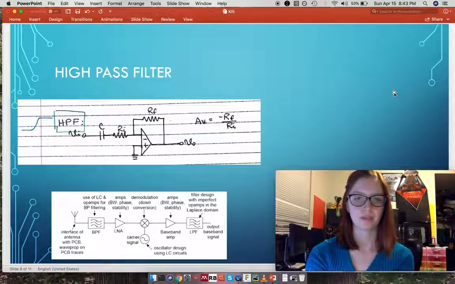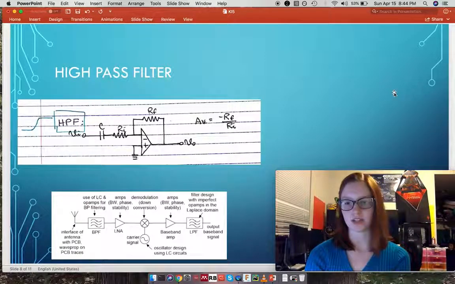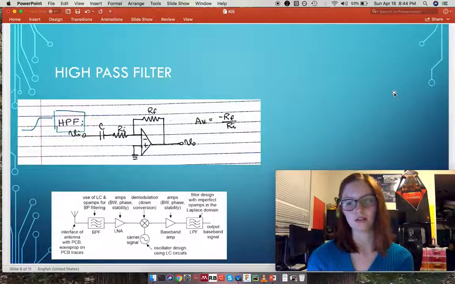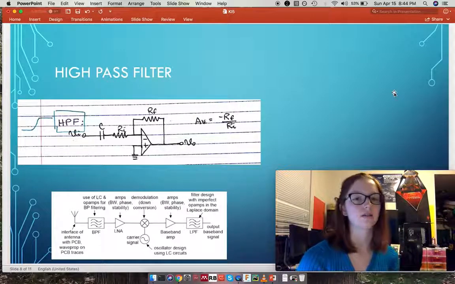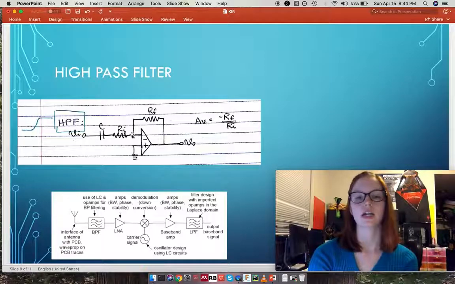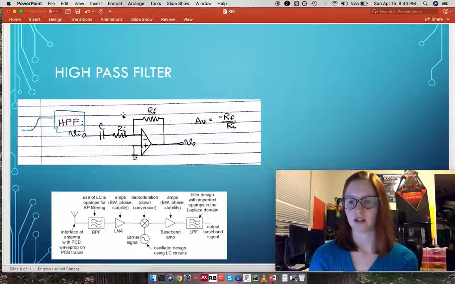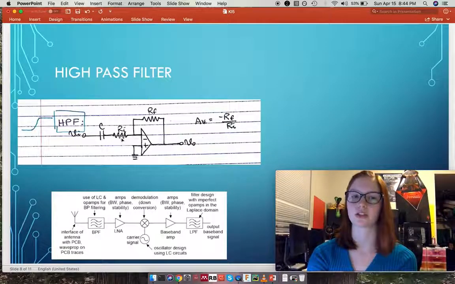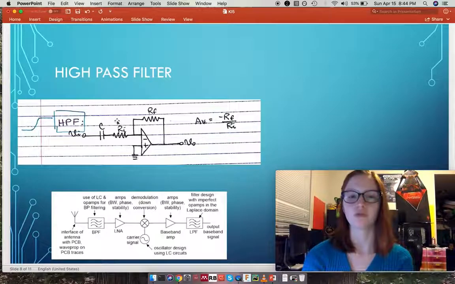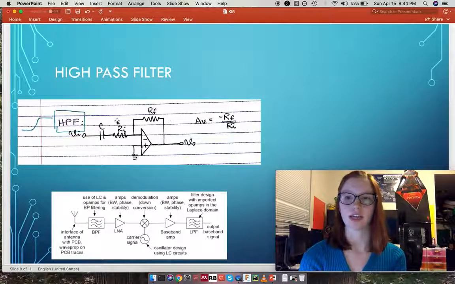And here is a high-pass filter. We didn't actually plot this in the KI pre-work, so I didn't put a Bode plot of it. But basically you put the capacitor over here instead of with this resistance here, and the output is still this impedance over this impedance for the gain.